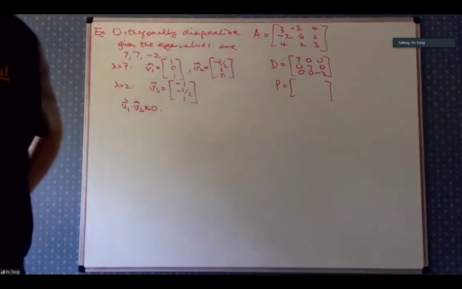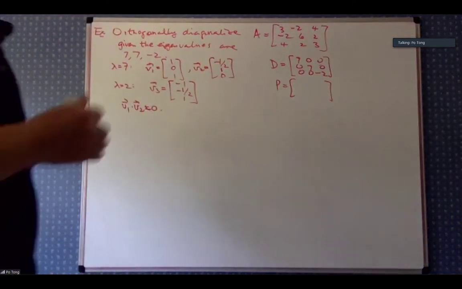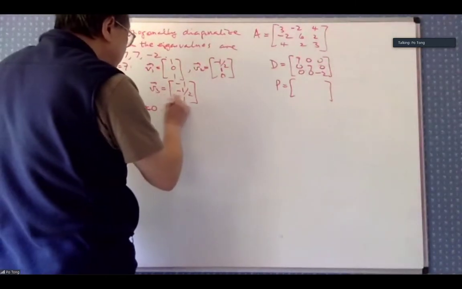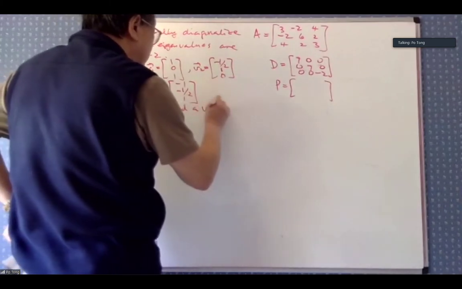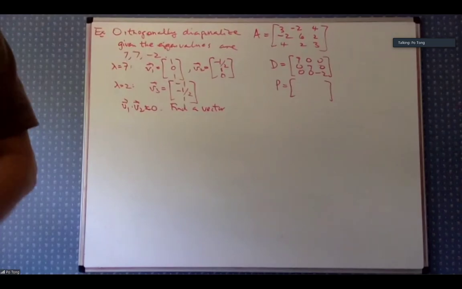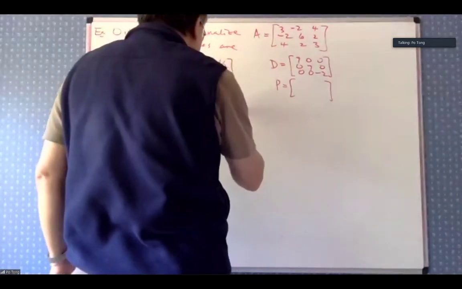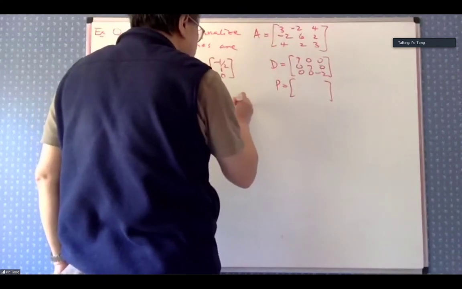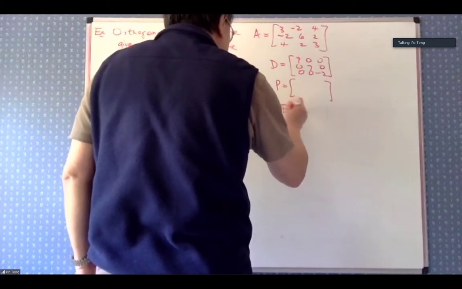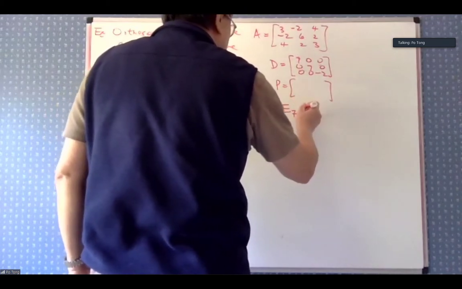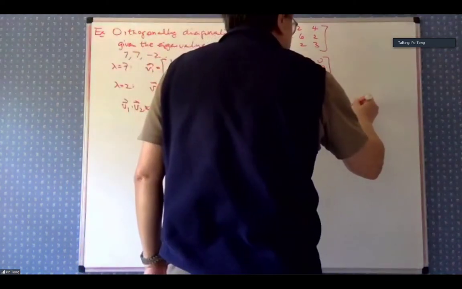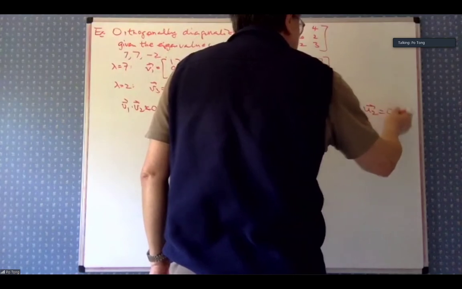And we're going to try to get a V2. So we want to find vectors U1, U2 in the eigenspace for 7, such that U1 dot U2 is equal to 0.